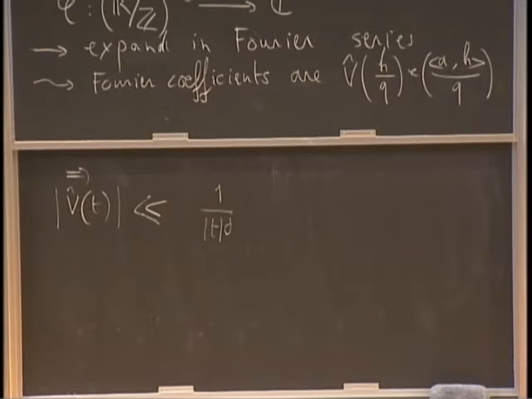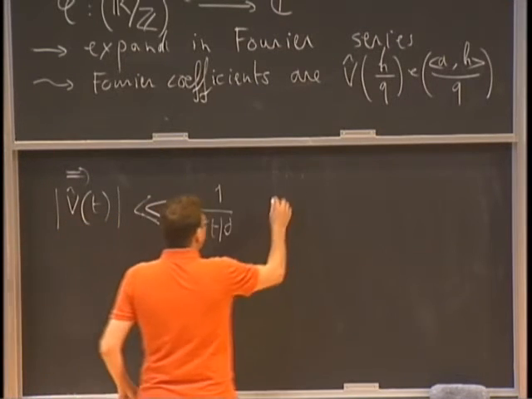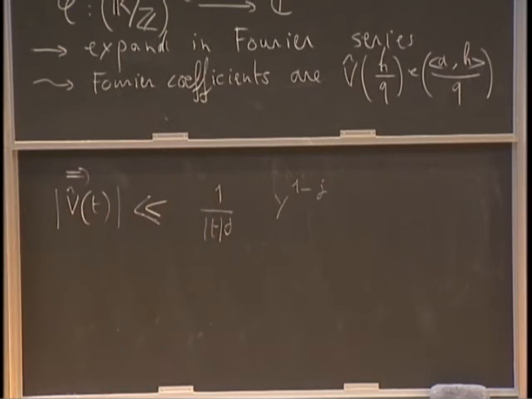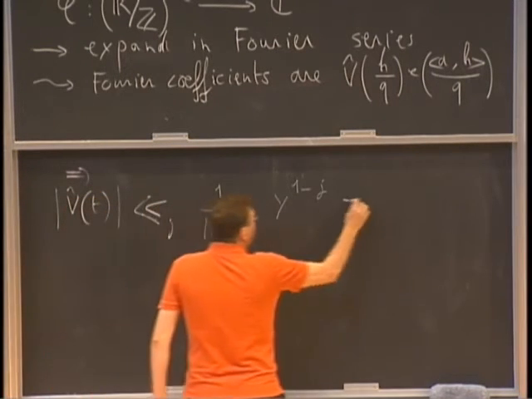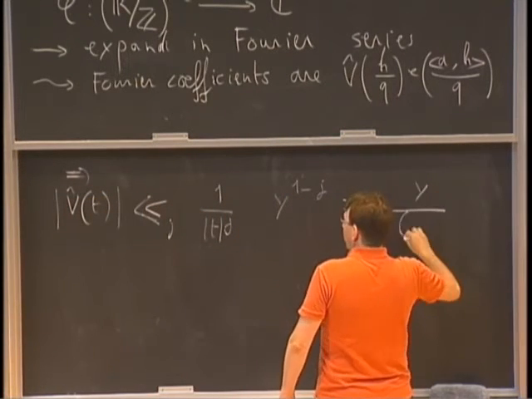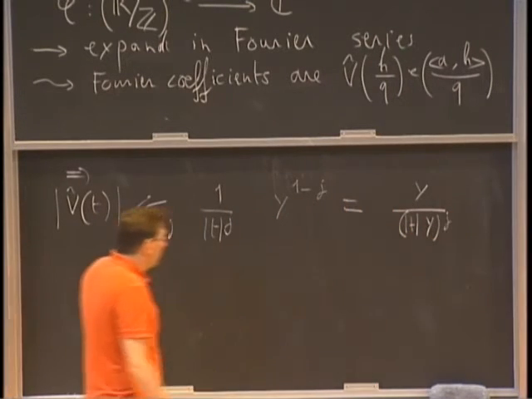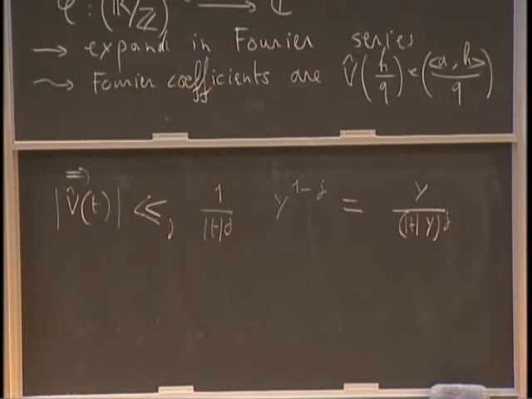And on this interval of length y, it's bounded by 1 over y to the j, so it's y to the 1 minus j, with an implied constant that depends only on j, which I write as y divided by |t|y to the j. Sorry, here I forgot the h over q.